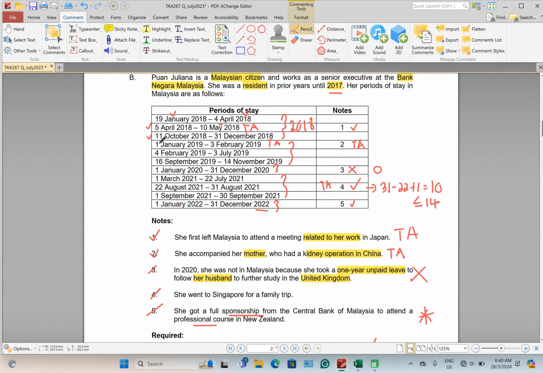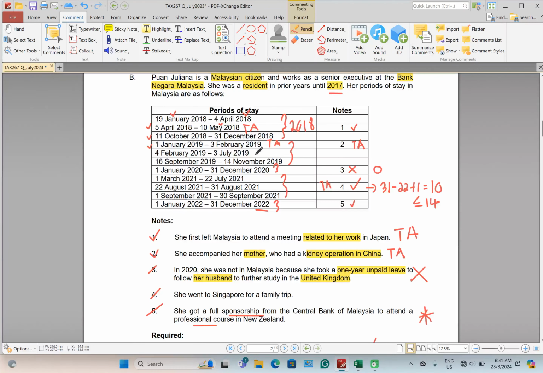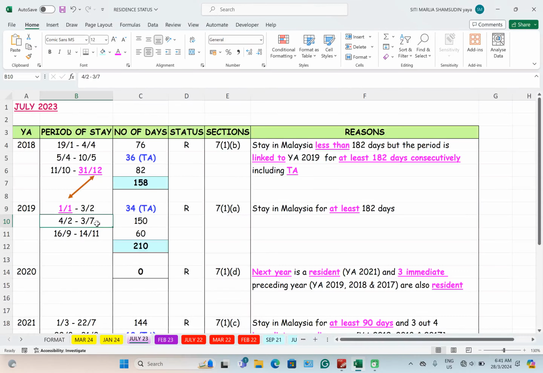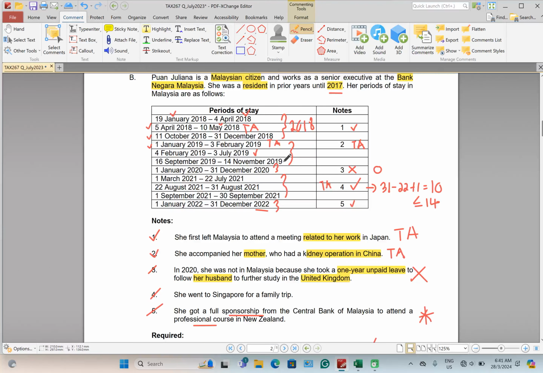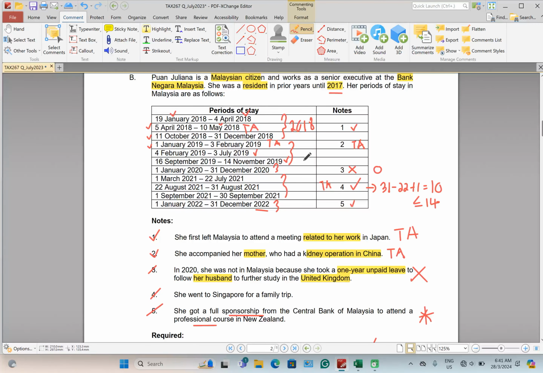Okay, 2019, the first row here, 1st January until 3rd February, this is TA. Followed by 4th February to 3rd July. The third row is 16 September to 14 November. Any more? That's it. Isn't it?